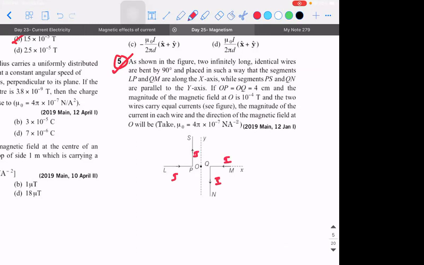Okay, so tell me, is this an example of an infinitely long wire or semi-infinitely long wire? Semi-infinitely long. So it is semi-infinitely. Due to LP and QM, what will be the magnetic field at point O? So if I extend LP and QM, is it not going to pass through the point?